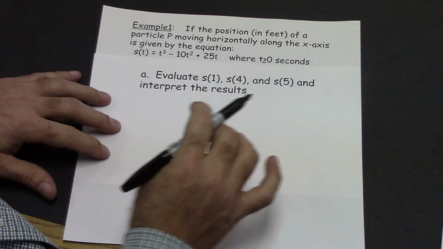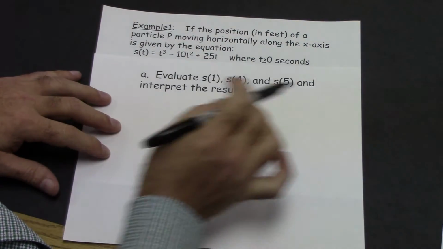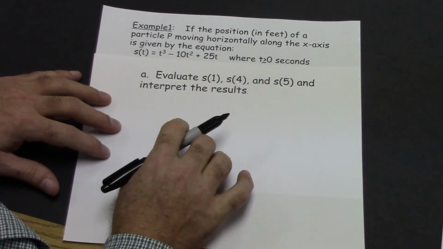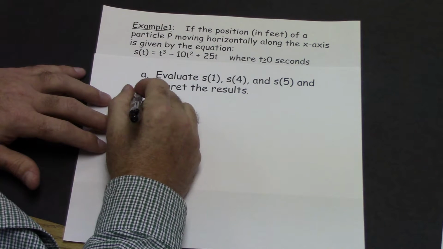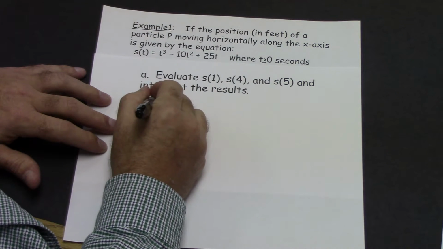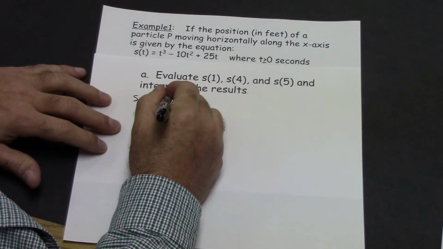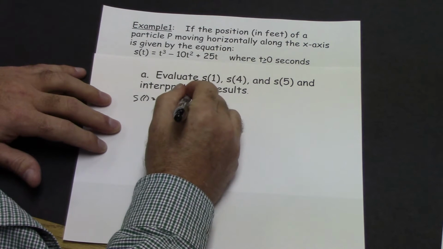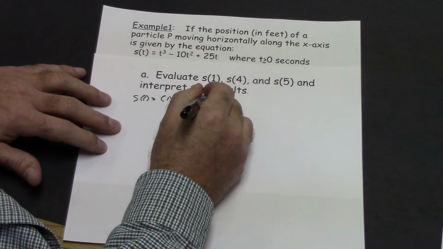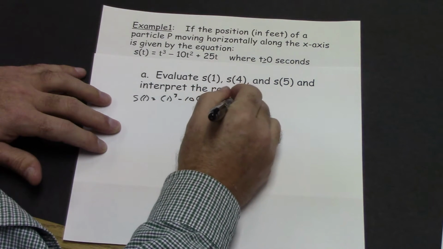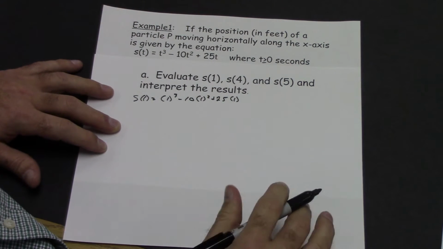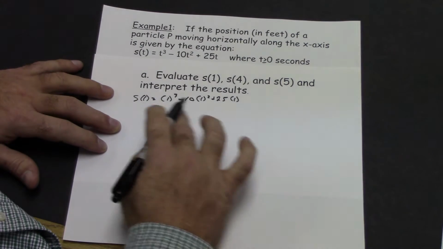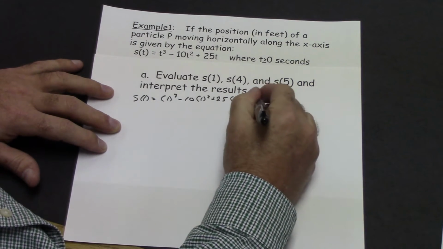Keep in mind the particle is moving horizontally along the x-axis. S of 1 means substituting 1 in for t. It would be 1 cubed minus 10 times 1 squared plus 25 times 1. I apologize for my poor penmanship, but hopefully you can interpret my results here. Evaluating this, we get 16.